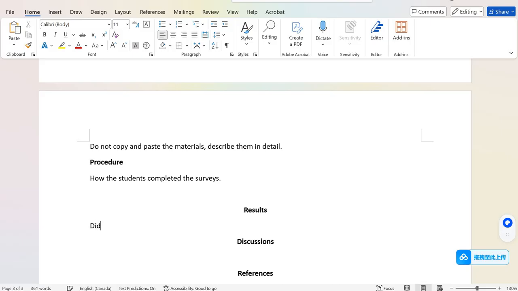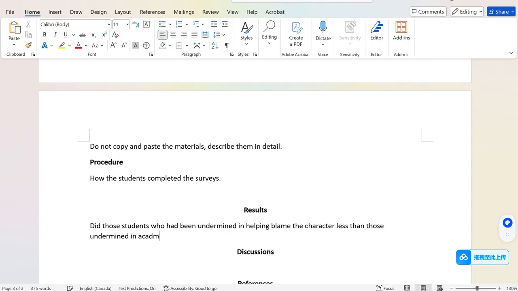One hypothesis was: did those students who were undermined in helping, well, use this term, blame the character less than those undermined in academic? And that's one question you want to answer.